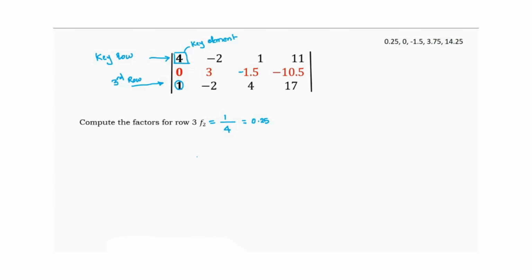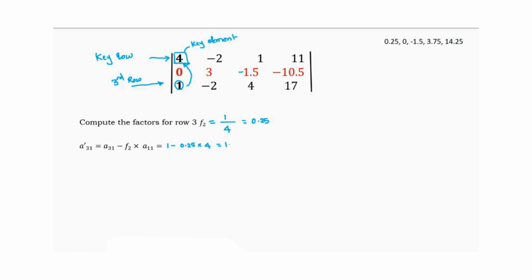Once you have computed this factor, next compute the new values of the third row. For computing new values of the third row, A3 dash is equal to the old value. What is the old value of A31? It is 1 minus factor 0.25 into the corresponding element from the key row, which is 4.